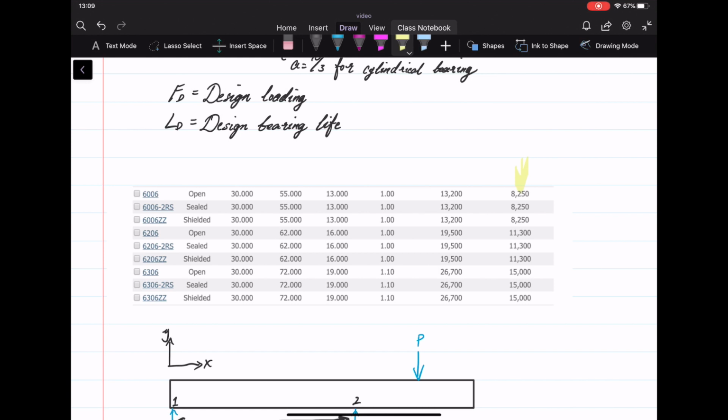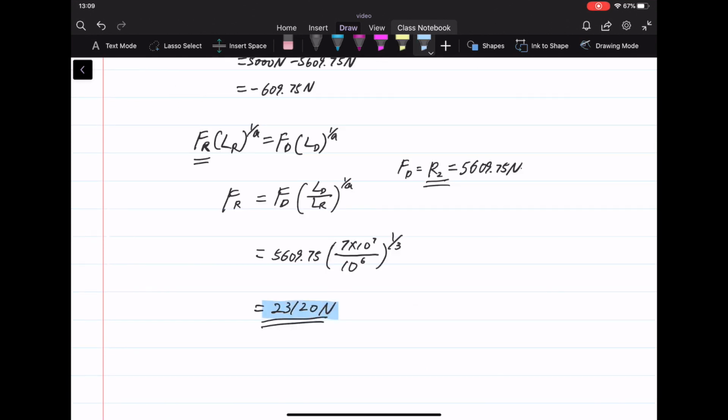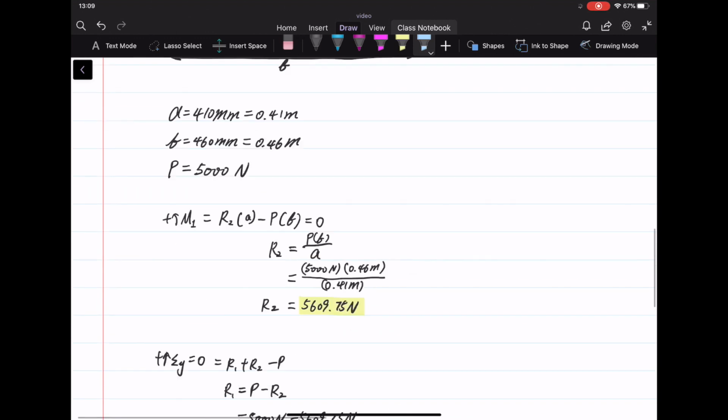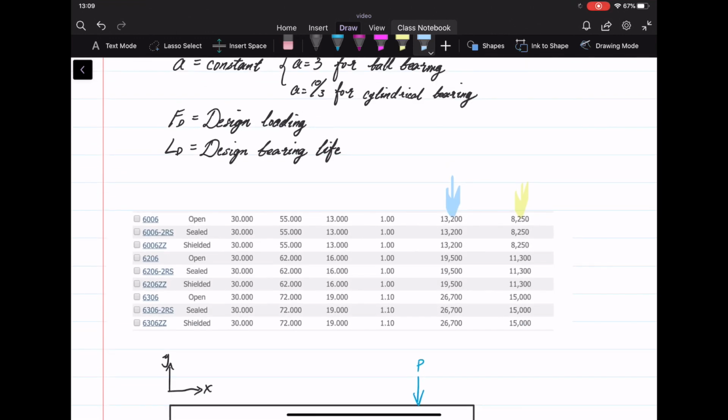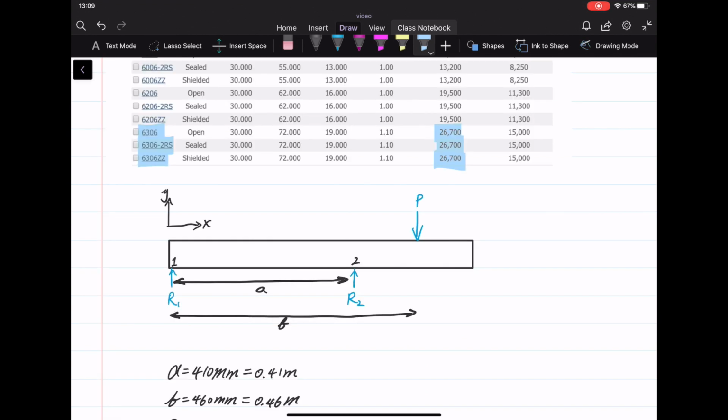And then the dynamic loading is right here, at least 23,120 Newtons, so about 23,000. So we have this one, this one, and this one. Depending on your application, you can use any of the three, and this is our answer. We'll highlight this column right here.